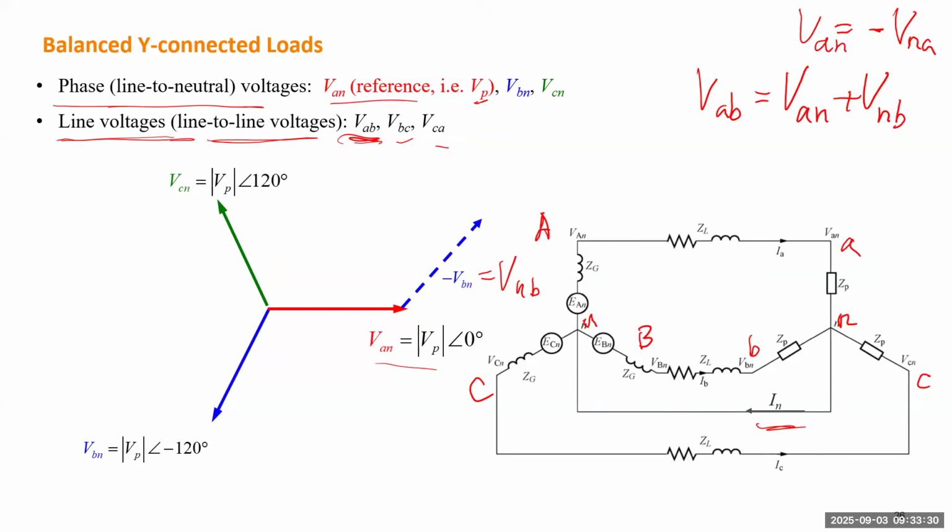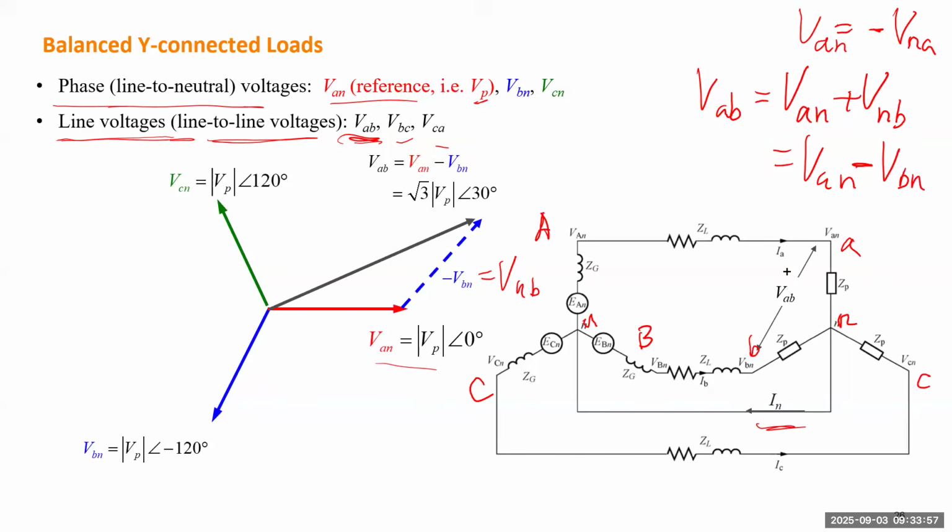So how much A is higher than N and how much N is higher than B. Then we will know how much A is higher than B. So VAB is just simply this phasor, which is equal to VAN minus VBN. Because the second item is equal to negative VBN. So when you swap the subscript, you have to add a negative sign here. So this voltage will be equal to positive VAN plus negative VBN, which means VAN minus VBN. So this will be VAB.